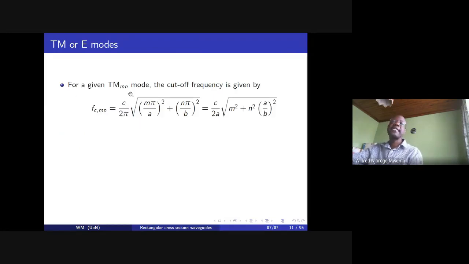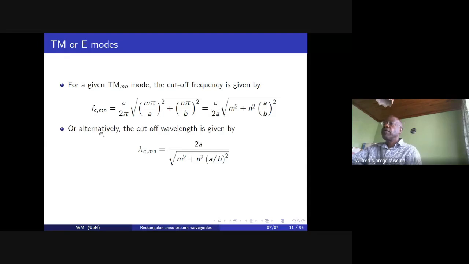So for a given TMmn mode, the cutoff frequency is going to be given by, remember, the cutoff frequency is from Kc, and Kc is omega by c, and therefore once we put that, we'll see some value of c by 2 pi root of m pi by a squared plus n pi by b squared, and we can always factor out the a, and we'll get a value of c by 2a, that is twice the width of the guide, times the square root of m squared plus n squared into a by b squared.